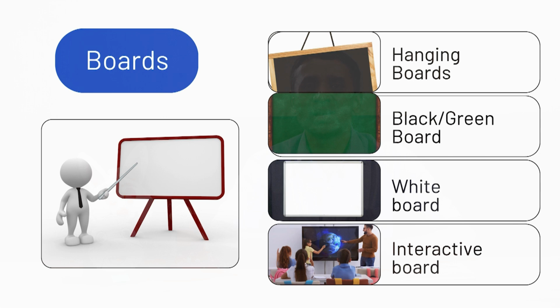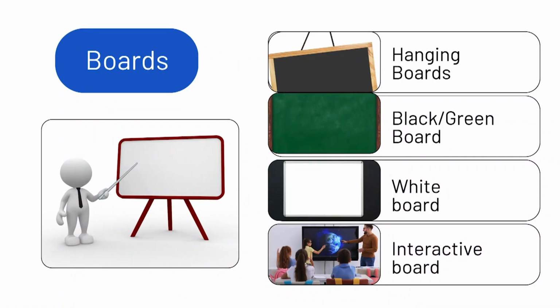Along with this, a new board was added that was called white boards. They are mostly mica boards of white color on which you use blue or green or red or black colored inks. They are erasable marker pens that you use to write on the white boards. And now we have the latest interactive boards.